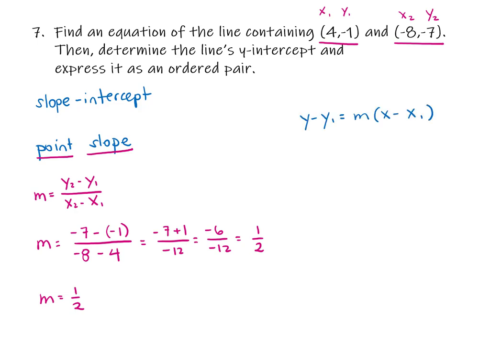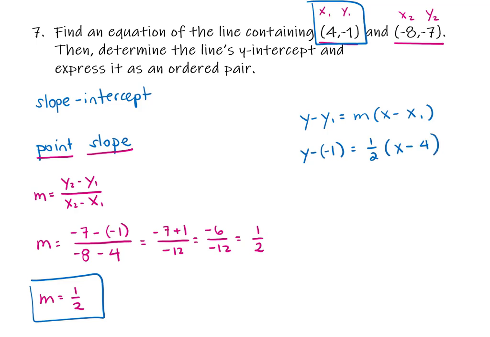Writing my point slope formula, I know my m and my x1 and y1, so that makes it easy to plug in these values into this equation. We'll do y minus -1 is equal to positive 1/2 times x minus 4. We'll multiply that out and distribute that negative.